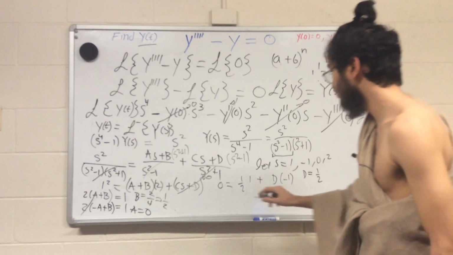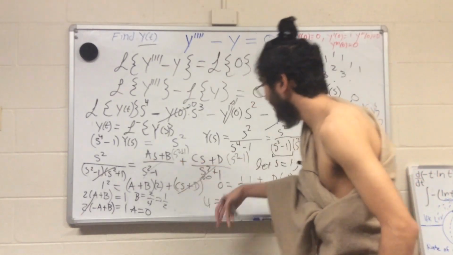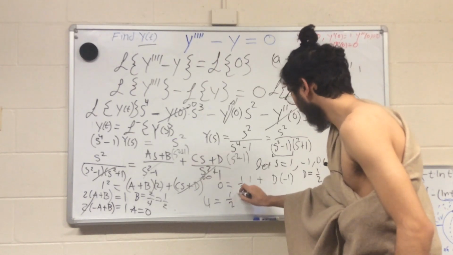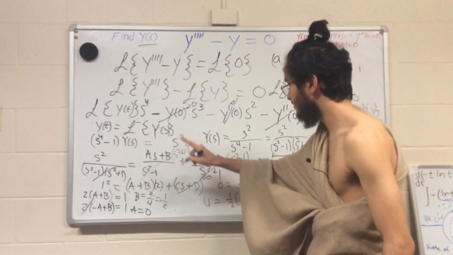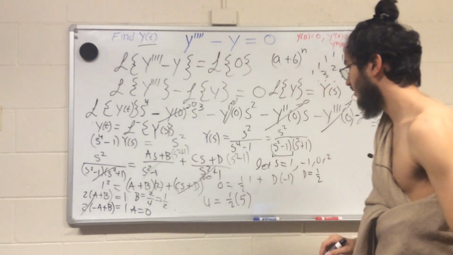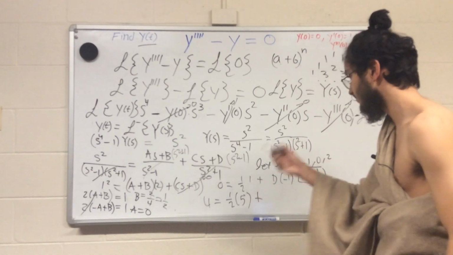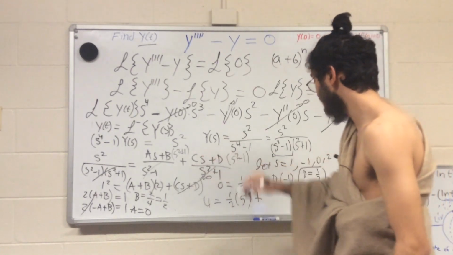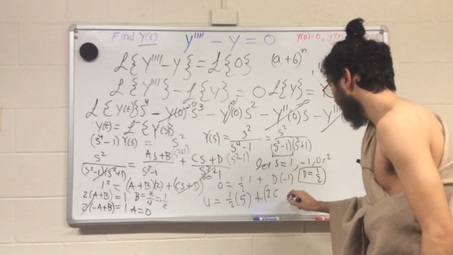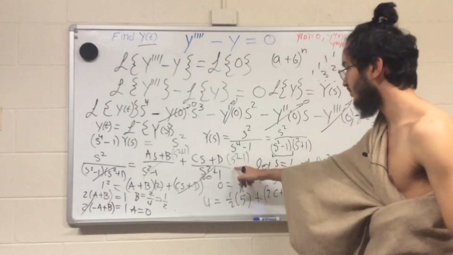In that case, we have s squared, which is 4, and that's going to be equal to a times s, but a is 0, so we don't write that, plus b, which is 1/2, times 2 squared, which is 4, plus 1 is 5, plus c, which is what we want to find. We know d, so we have plus c times 2, so that's going to be 2c plus d, but that's going to be 1/2 multiplied by 4 minus 1, which is 3.